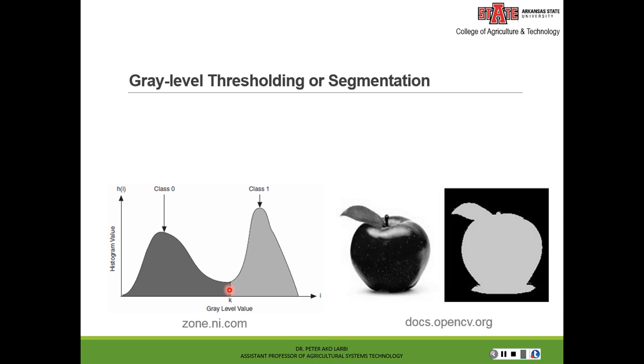That value is used to split the data into two halves, where one set of data would be assigned one value, say 0, and the other set of data will be assigned another value, say 1.